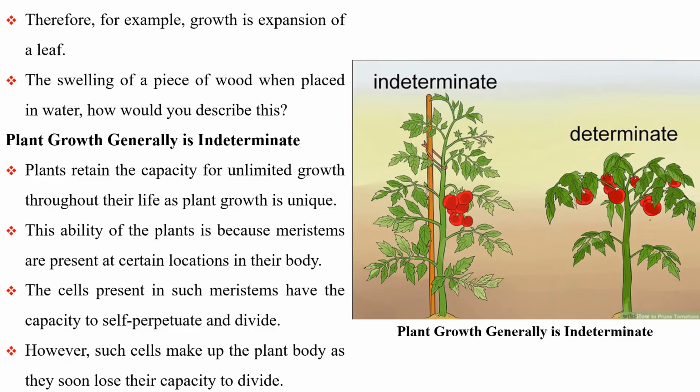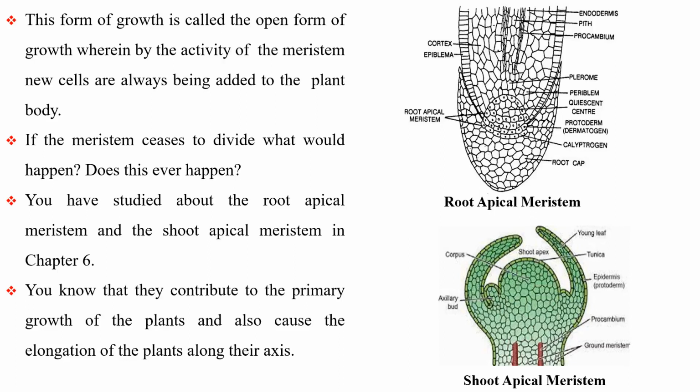However, such cells that make up the plant body soon lose their capacity to divide. This form of growth is called the open form of growth, wherein by the activity of the meristem, new cells are always being added to the plant body.